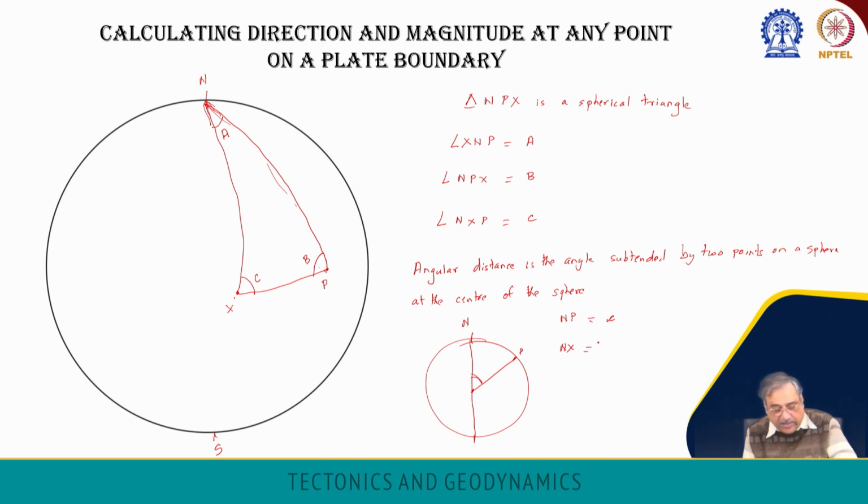This is opposite to the angle B, so we will call it small b. And XP, we will call small a. So we have c, b and a depicting these.